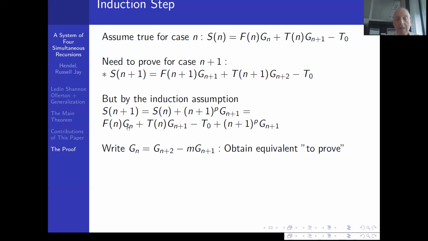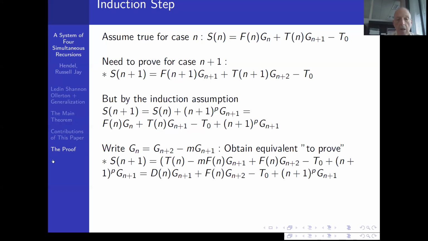I'm going to plug that into here for G_n, and I'm going to get another statement of S_{n+1}, which is this. S_{n+1} is T_n G_{n+1}, but I now subtract m F_n G_{n+1}, and then I'll have the F_n G_{n+2} minus T_0. I'll have an (n+1)^p times G_{n+1}.